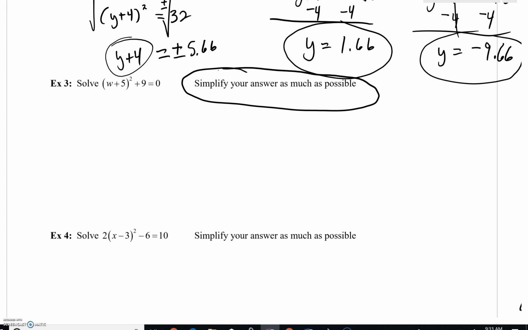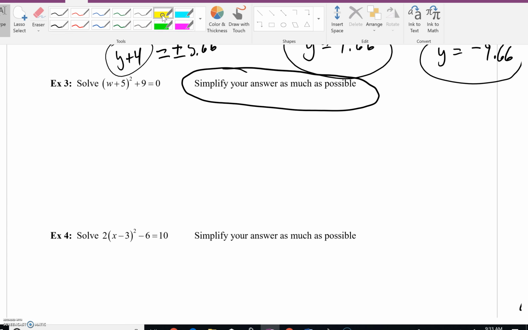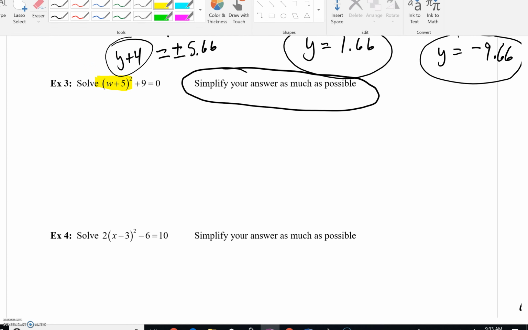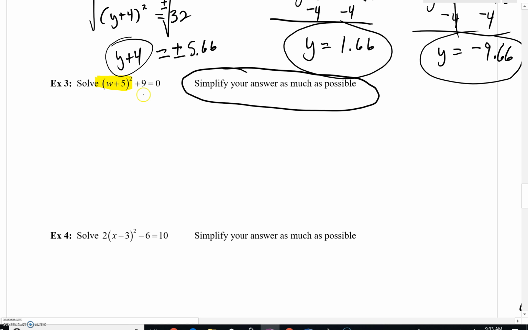So what we'll do here, again, is solve for our squared term. Get this w plus 5 squared by itself. So I'm going to subtract a 9 to do that. And then I'm going to take my square roots, but there will be a plus minus.